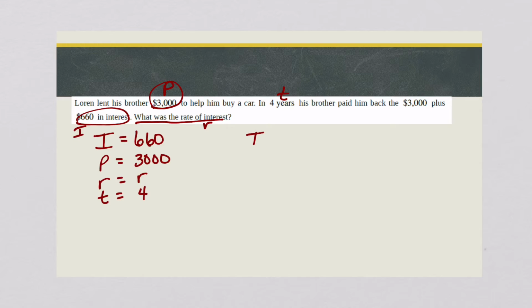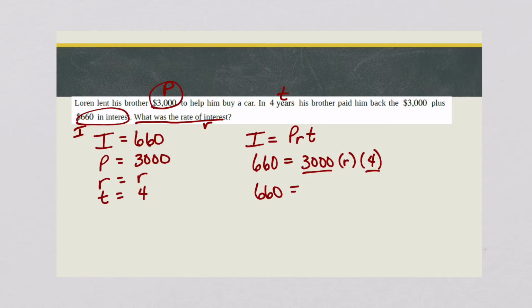So again, using the formula, and so again, because of the commutative property, I can multiply in any order, so I'm going to multiply that 3,000 times the 4, so I've got 660 is equal to 12,000 R, and now divide by 12,000.